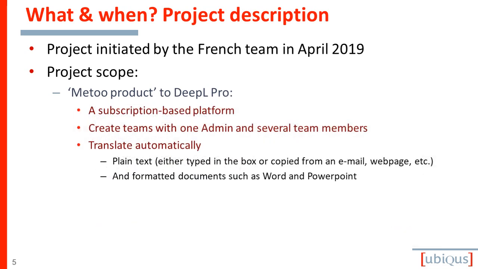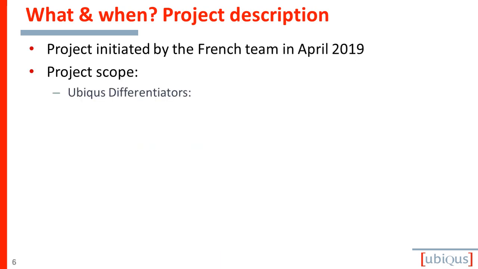So it's a subscription-based platform first, with a team created by an admin and several team members, and the capacity to translate automatically either plain text, either typed in the box or copied from an email or any web page, but also formatted documents such as Word, DOCX, and PowerPoint PPTX documents. So that was the project scope.